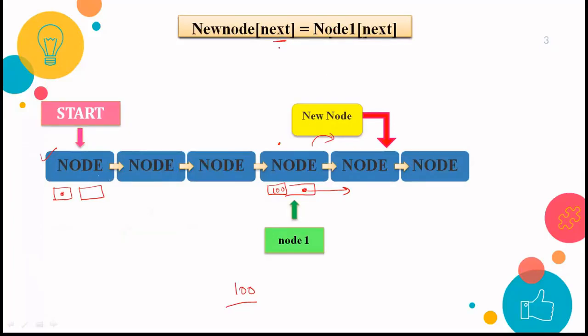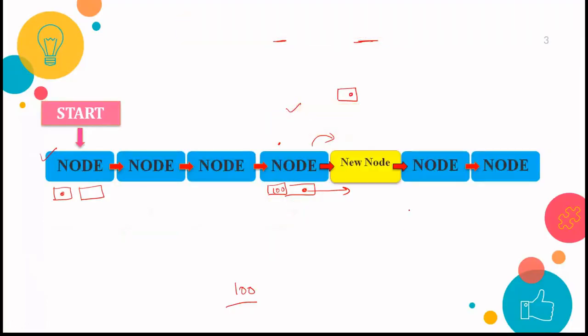That is why it is saying that new node next is going to contain the address of node 1 next. Please understand, node 1 next is this address part. So the address is being stored in node 1 next. And then node 1 next will contain the address of this new node, and in this way this new node is going to be created. So we just updated two pointers here, and in this way now these are connected.